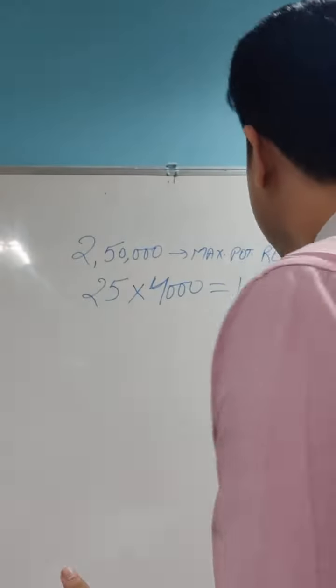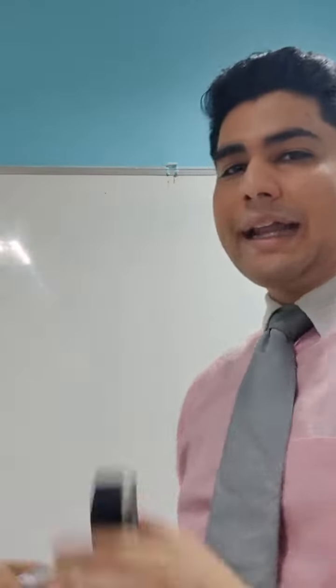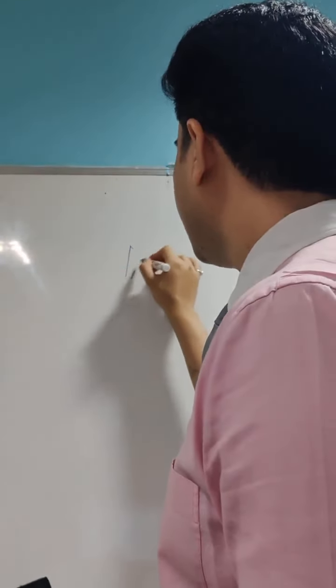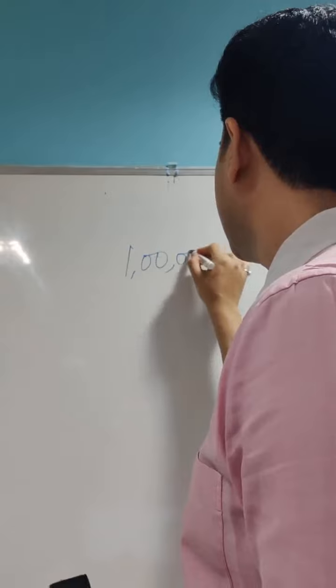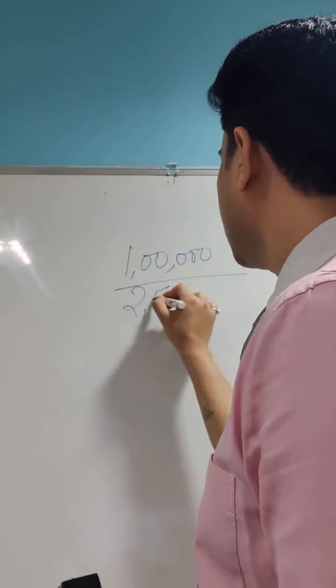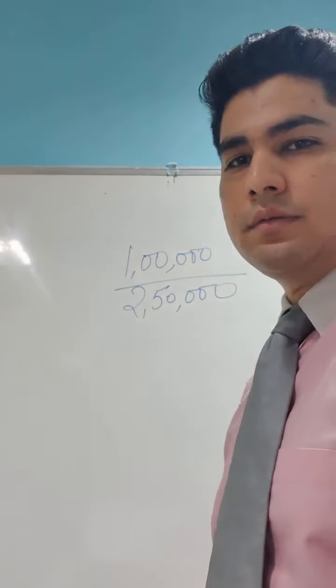Now in this situation, you can calculate the yield: actual revenue is 1 lakh rupees and maximum potential revenue is 2,50,000 rupees.